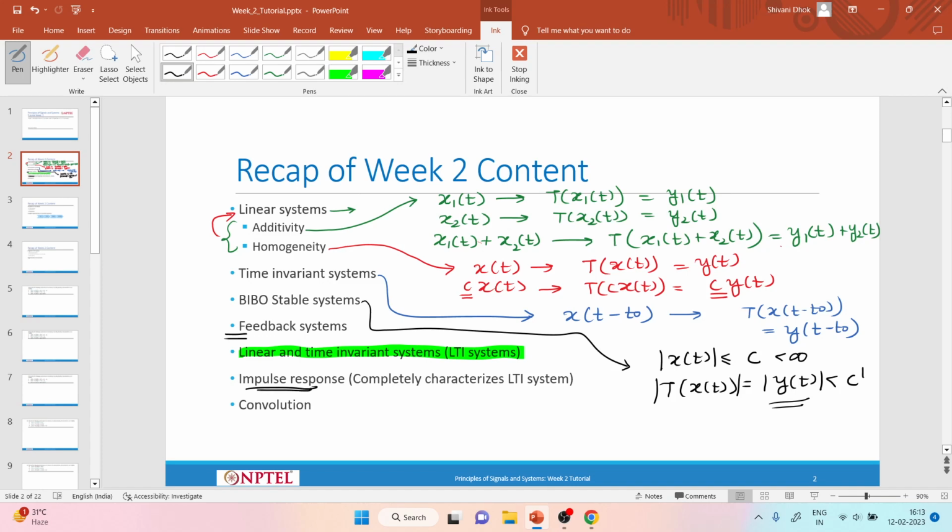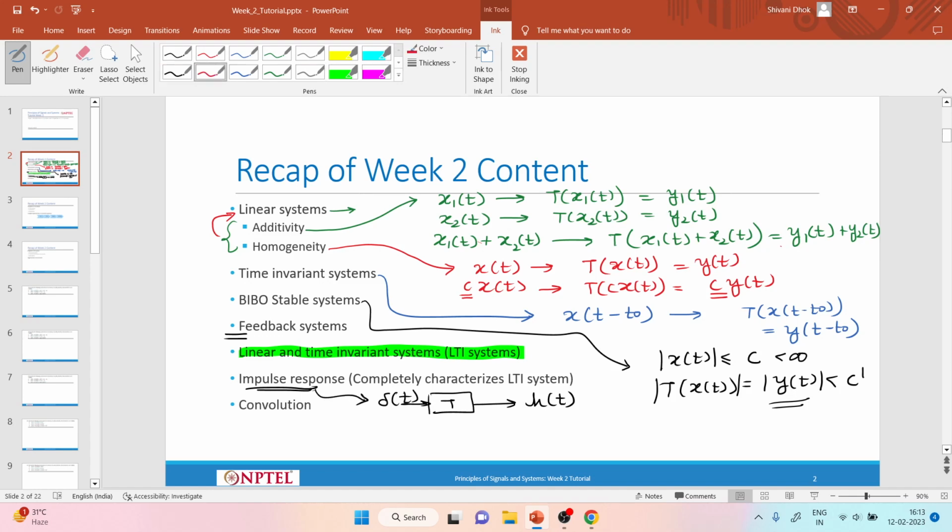That is, we can obtain the output of this LTI system if I am given the impulse response. So what is an impulse response? If I have a system, let's say T, and I give a unit impulse delta of t as an input, the output will be h of t, and this is known as the impulse response.